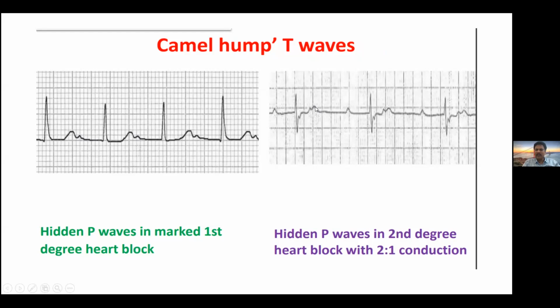It is falling on the T wave. You call it a camel hump P wave. So if this is happening, it means either the P wave is associated with a prolonged PR, a first degree block, or it is dissociated with a complete heart block. So if you see this camel hump, you always suspect complete heart block. If there is bradycardia, most of the time it will be complete heart block. So this is how the camel hump will be there.